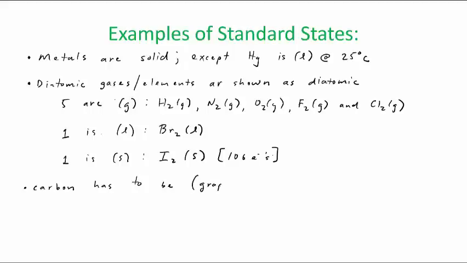So it should actually specify in the chemical reaction the word graphite, comma, S. And then another one is sulfur. Elemental sulfur can have different geometries in the way it's put together, and the most stable one is rhombic. So you say rhombic, comma, S. So a rhombic solid.